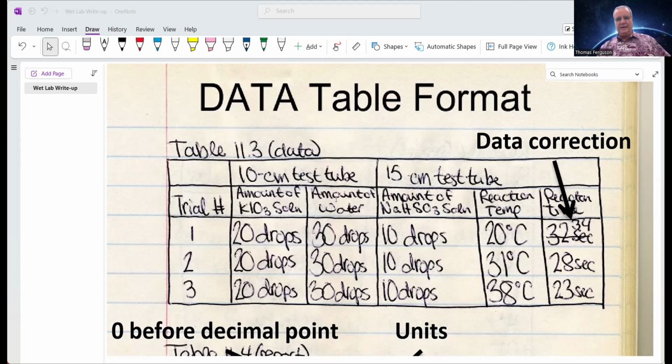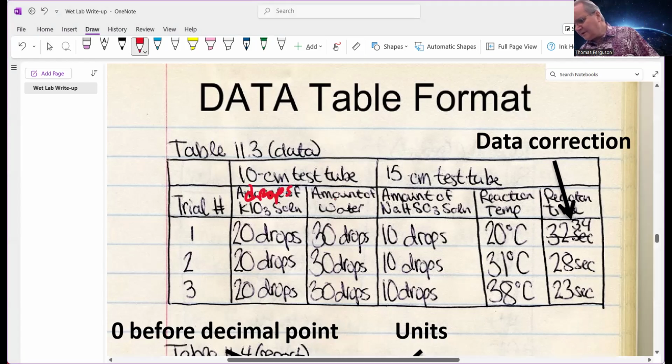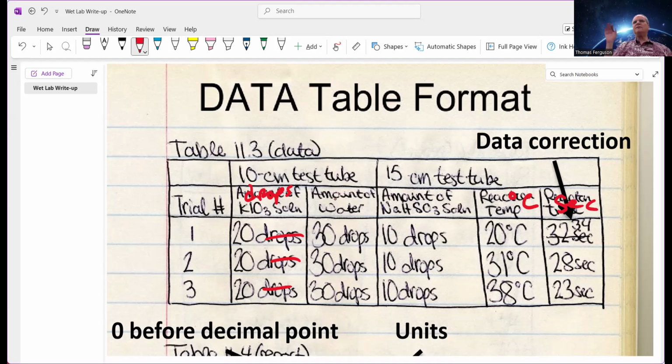And there's two ways to do it. You can put the unit at the top. For example, this could be drops. Instead of writing all this time here, this could be degrees C. This could be seconds. Just make sure the number is associated with a unit for completeness.